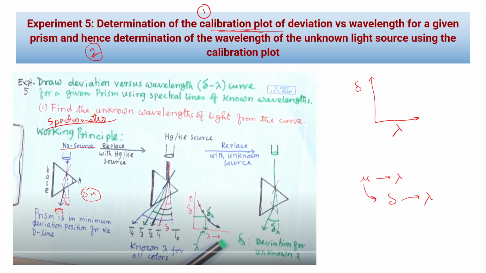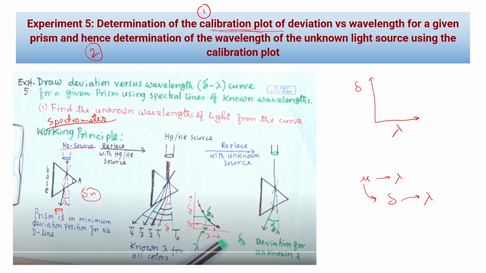Now what we see here is that for any particular wavelength, I can get the value of how much it will be deviated by this material. Like if the wavelength is some point here, then I can take the extension to the y axis, and I can see the deviation for it will be this value.